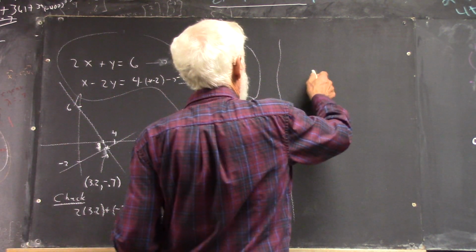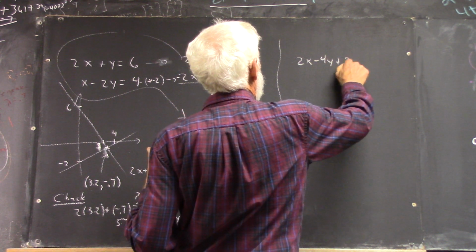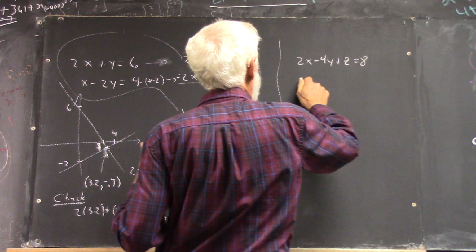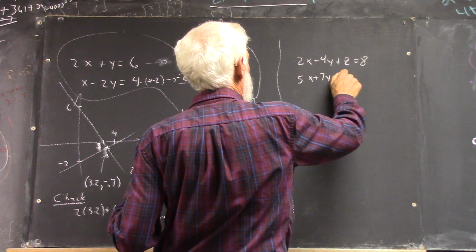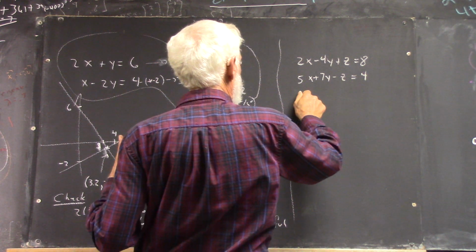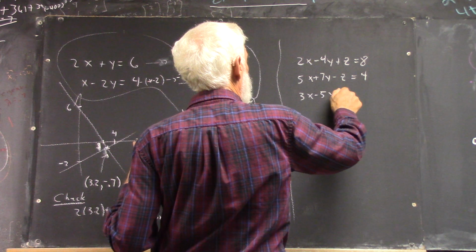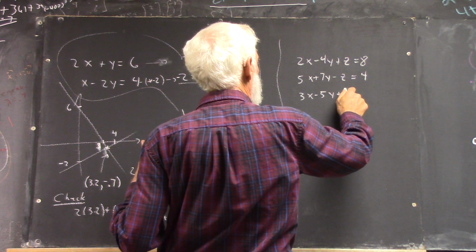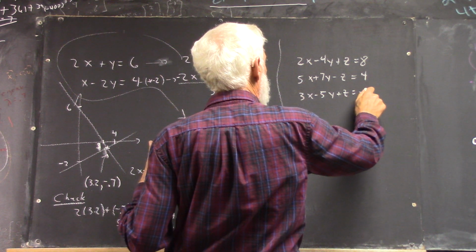Let's say I got 2x minus 4y plus z equals 8, and 5x plus 7y minus z equals 4, and 3x minus 5y plus z equals negative 5.